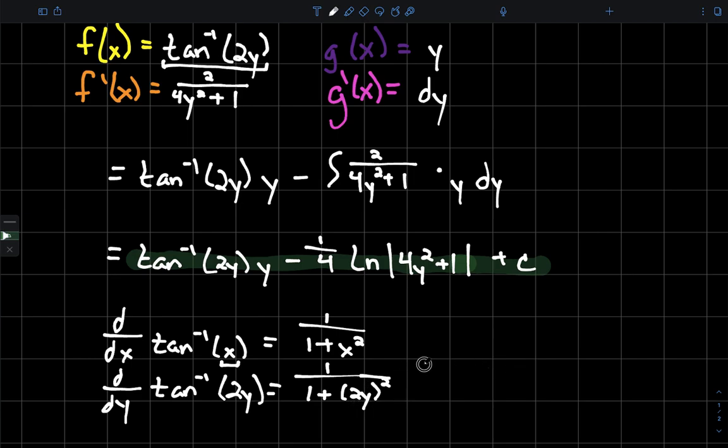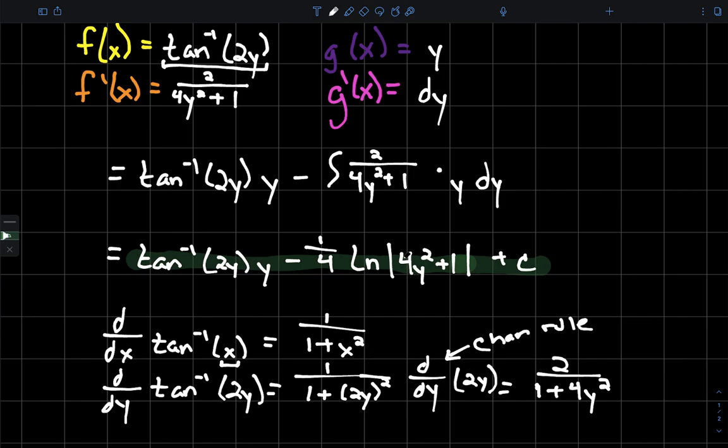So again, you want to do dy of your 2y. And now this equals what our solution is, which is 2 over 1 plus 4y squared. And again, if you need additional help, go back and review the chain rule.